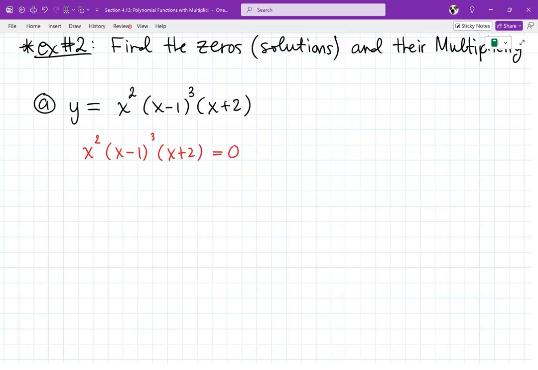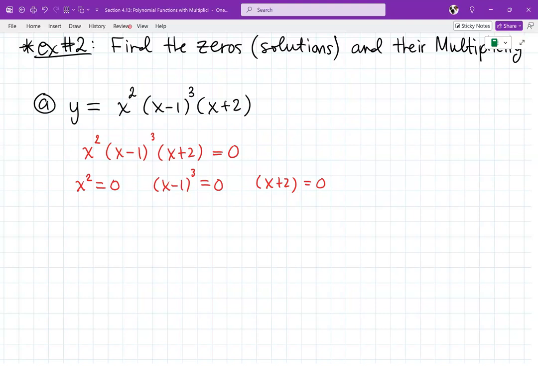Again, this is why we call them our zeros, because they're equal to 0. I set them equal to 0. Now I'm going to split them up. So x squared is 0. x minus 1 cubed is 0. x plus 2 is 0.